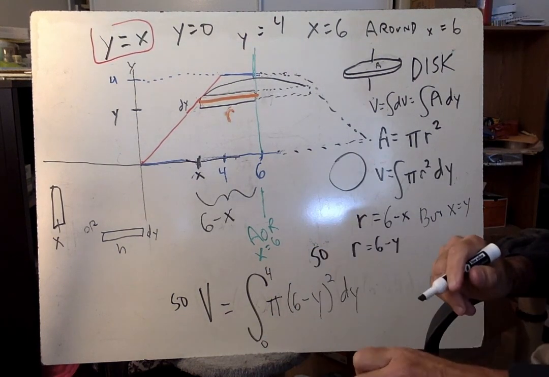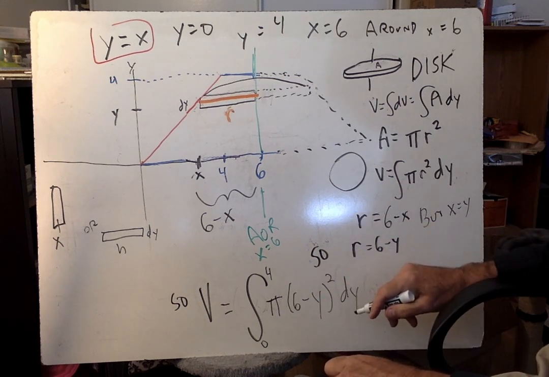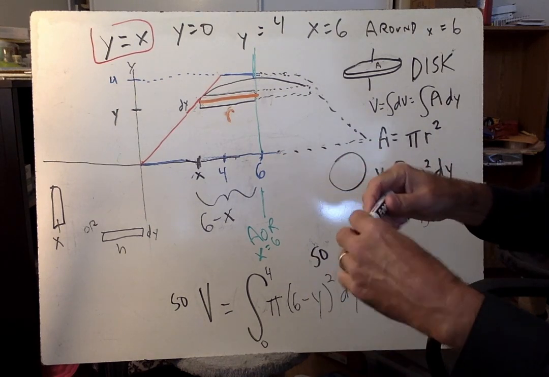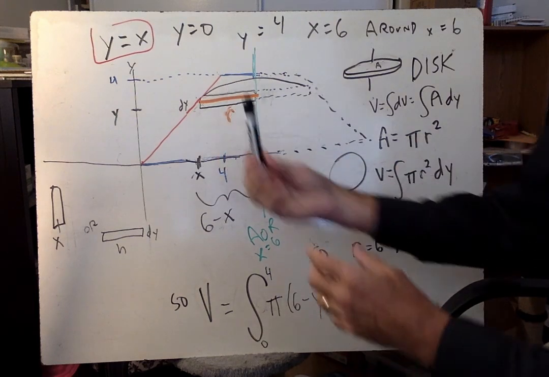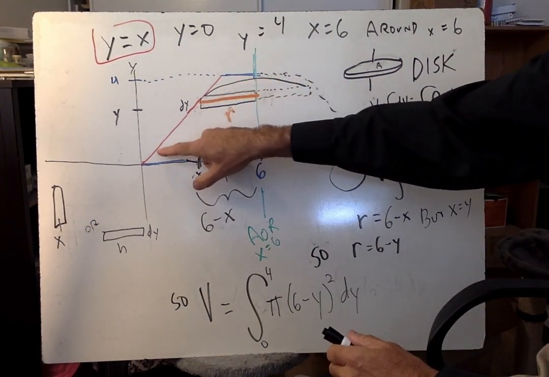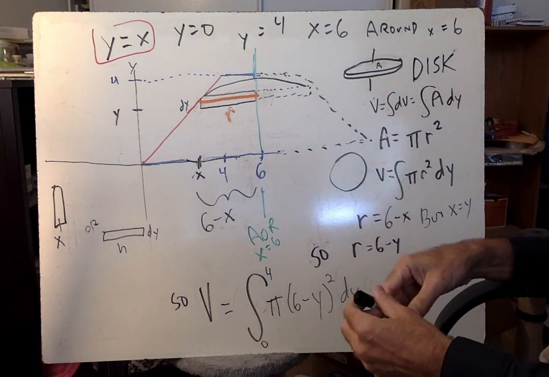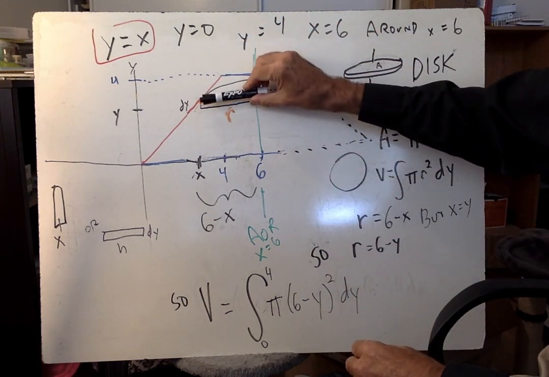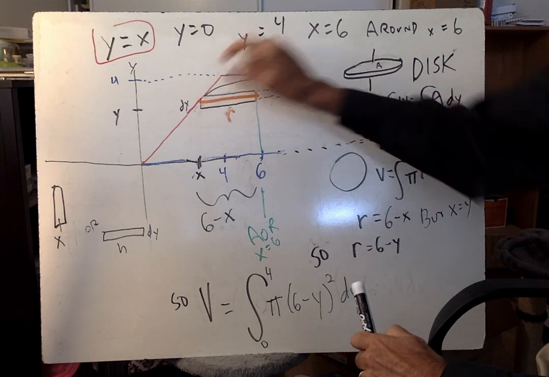So that gives us two different ways to do this integral. The first one we did together live with upright rectangles. That had to be an x because they have a little width dx at the bottom. And the problem with that was it had two different ceilings, the red one and then it switches to the blue one, so you wind up having to make two integrals. If you put the box on its side, now the integral has to be in y because this little width is dy.